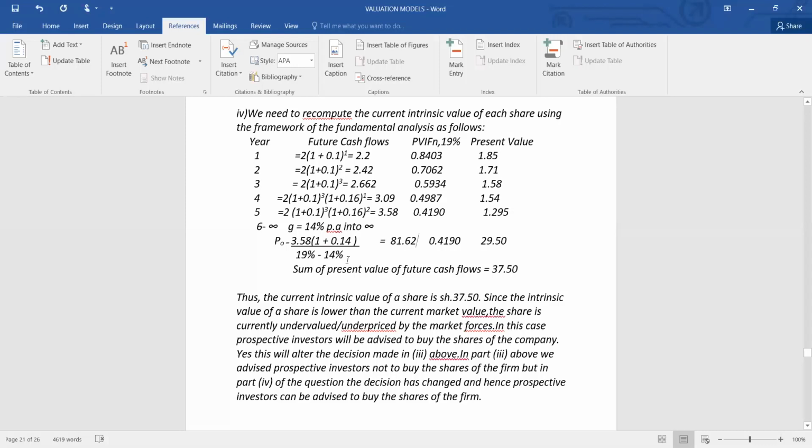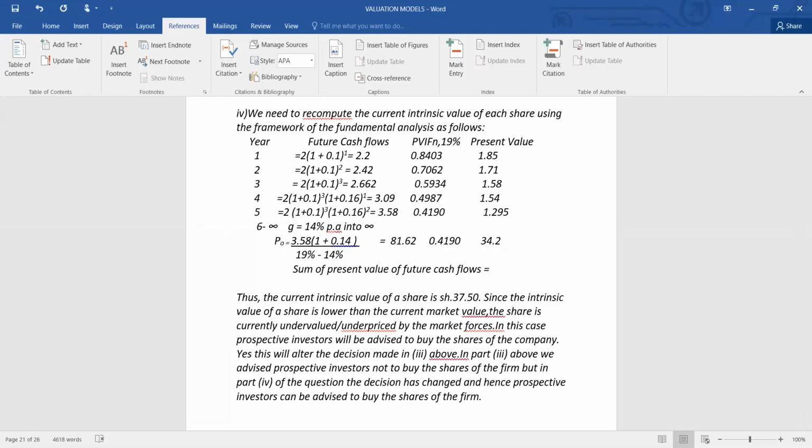Now, look at the question. Okay, let me correct this first. Then we can continue. Times 0.4190 is 34.2. That's all of it added together, it affects this.